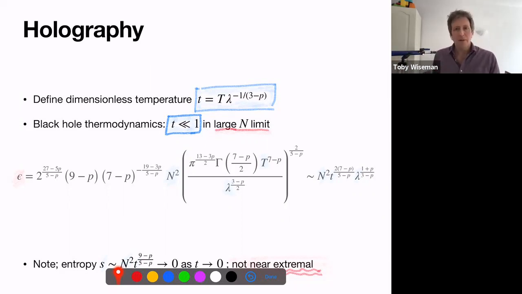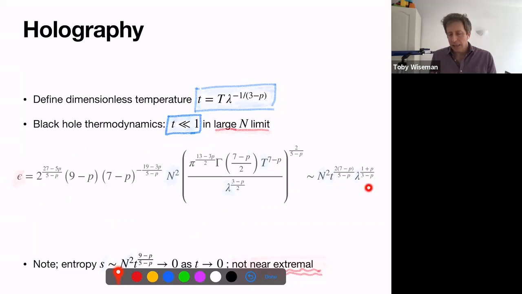And when you do that, Maldacena, in his very early works, computed the energy density, epsilon here. And this here is the energy density for these black holes. Obviously, it's a function of temperature. And there's some very explicit form, which is absolutely precise. So that's a precise prediction for the thermodynamics in this regime for this Super-Yang-Mills theory.